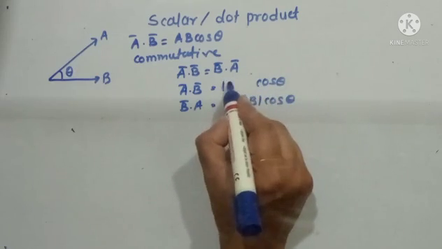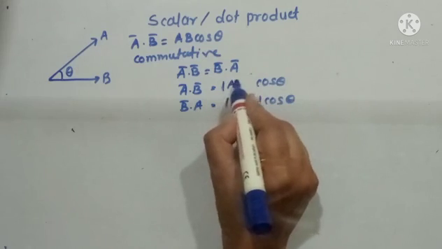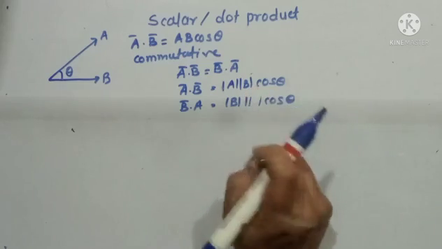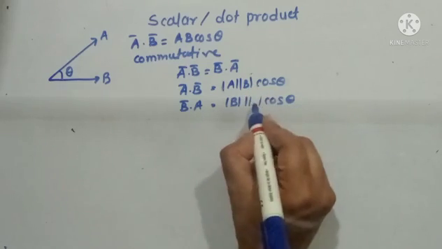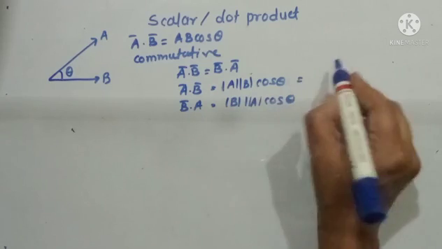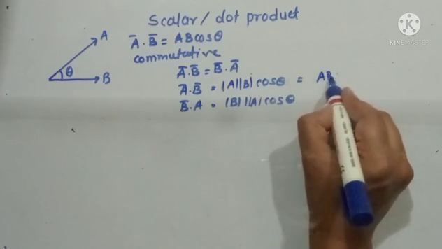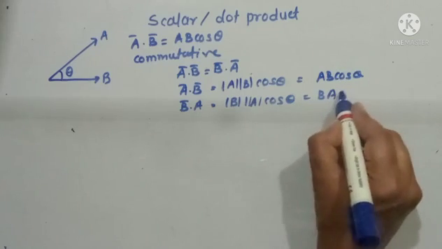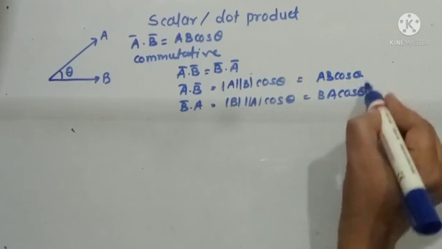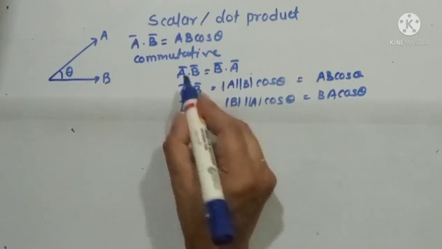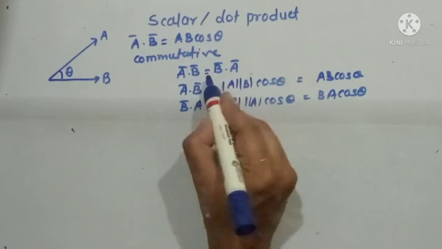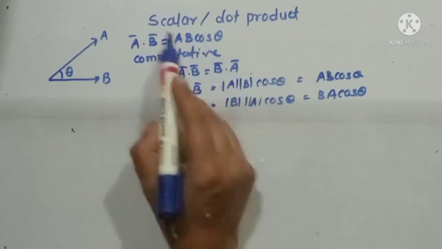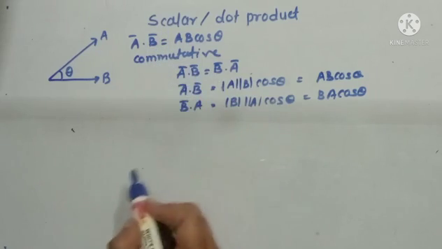So this will be AB cos theta and this will be BA cos theta, and both have the same meaning. Therefore, we can write that A dot B is equal to B dot A, and we can say that the scalar product is commutative.